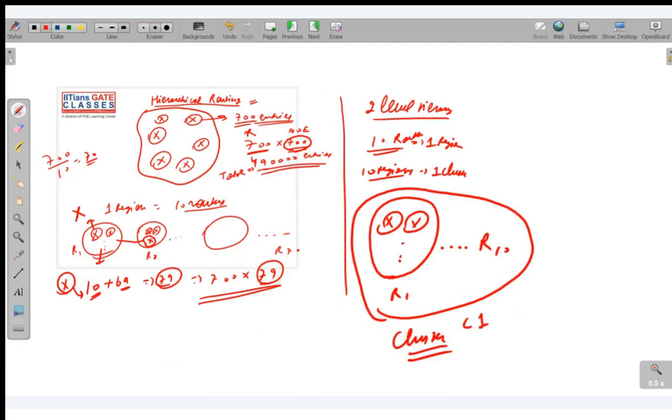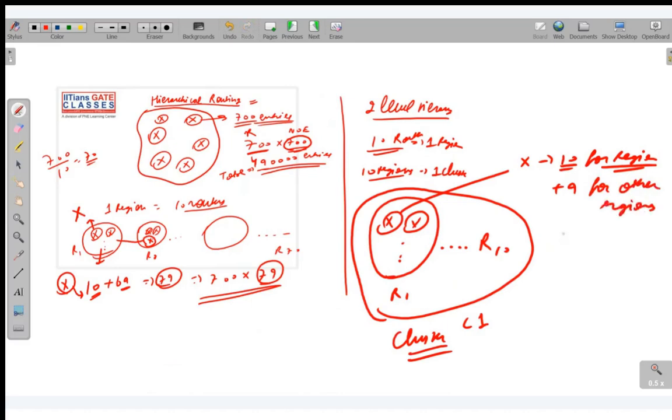Now imagine how many entries for this router, say this is router X. This router X will keep total 10 entries for its region, because including itself, it will make an entry for all the routers. Then 9 for other regions in this cluster. The 10 for the given region and 9 for other regions.